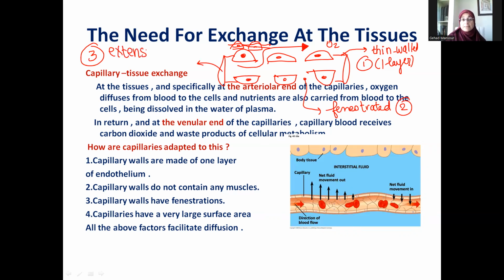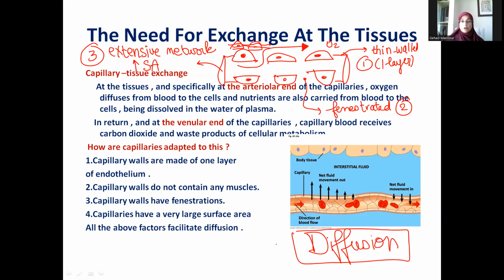We should have an extensive network of blood capillaries that surrounds all cells in the body in order to increase the surface area and therefore facilitate and speed up the process of diffusion. Actually, what occurs is diffusion. Oxygen diffuses outwards, and carbon dioxide diffuses inwards.